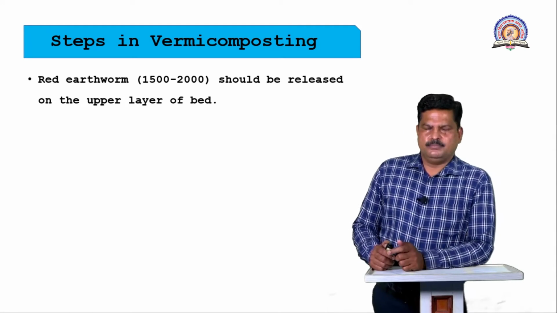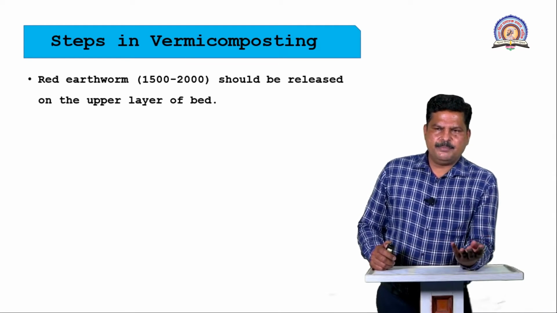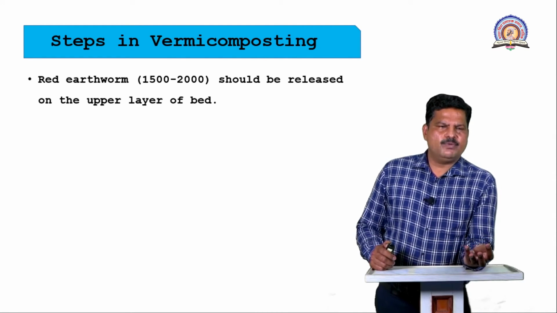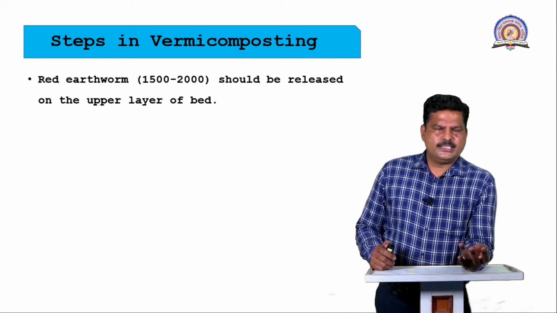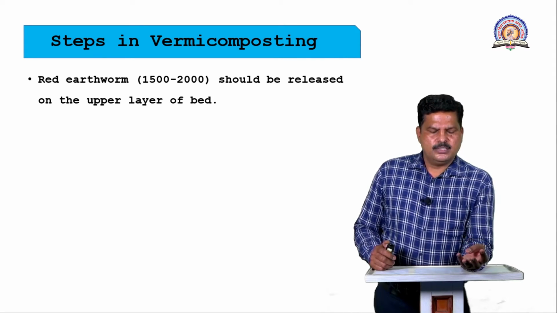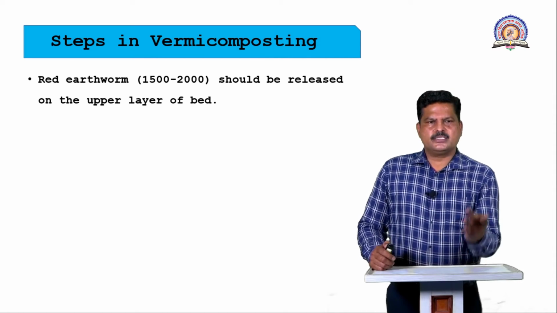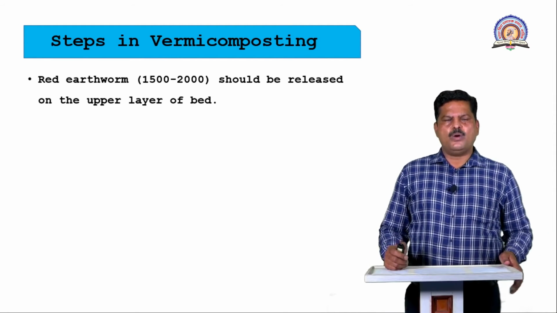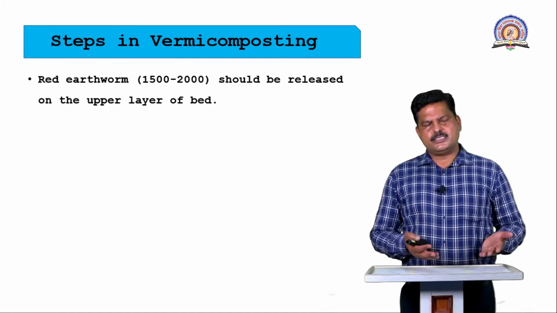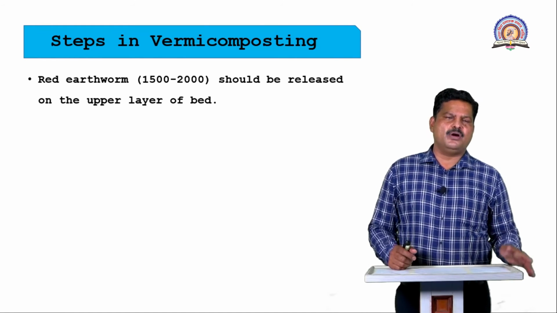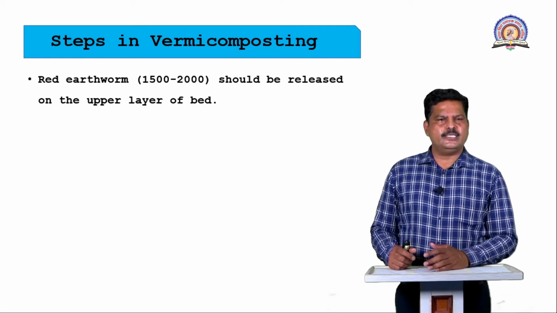Then the redworm. As I said, there are 3 important species: either redworm, night crawler, or Perionyx, meaning Eudrilus, Eisenia and Perionyx. These are the 3 important species. Out of these, you can select any one species for the vermicomposting unit.